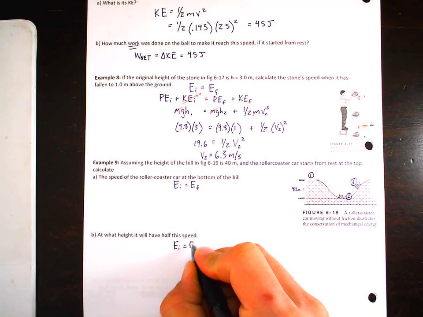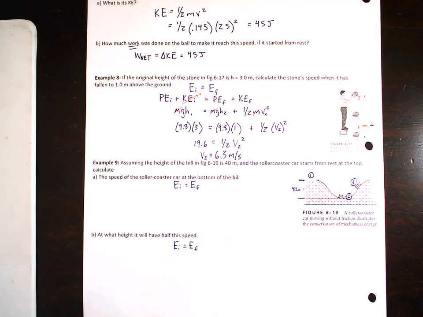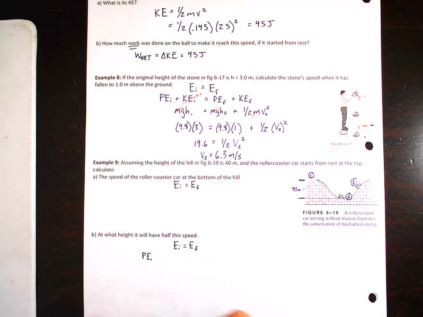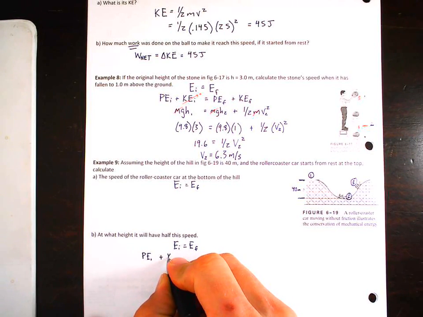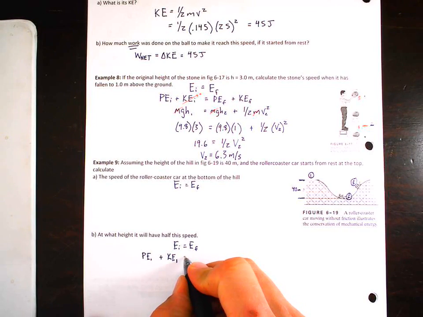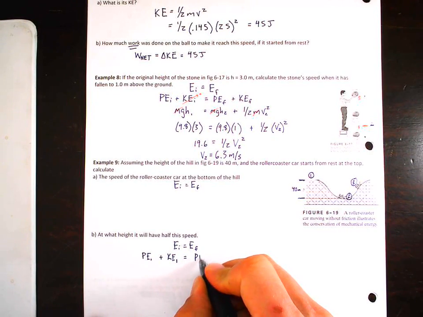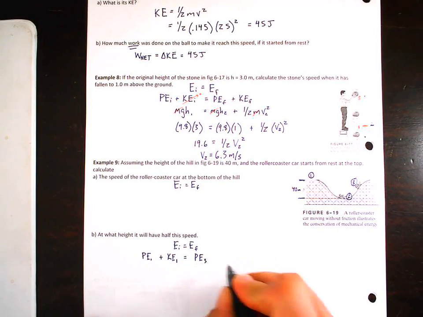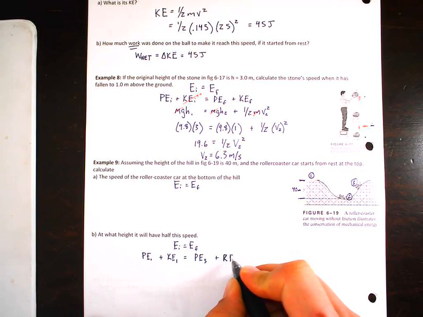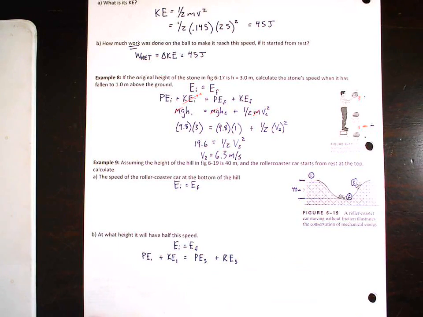EI equals EF. And what I want you to do is, using point 1, potential energy at 1, plus kinetic energy at point 1, equals potential energy at point 3 plus kinetic energy at point 3.